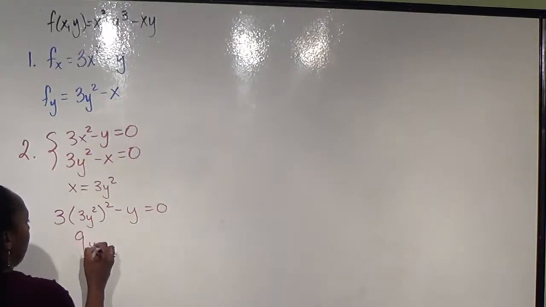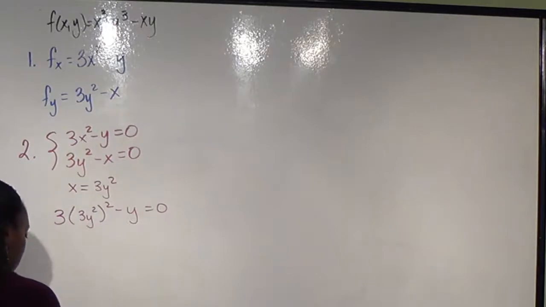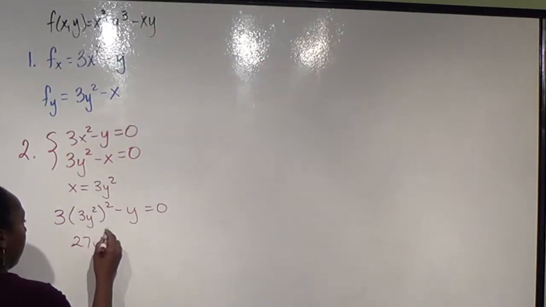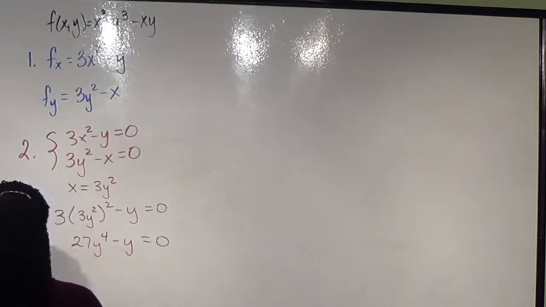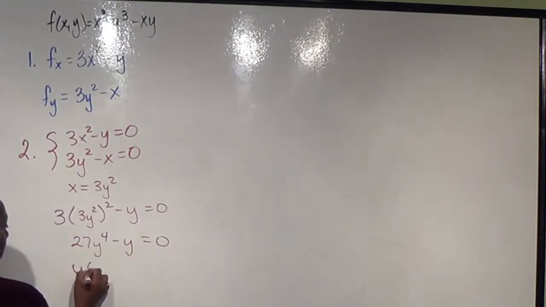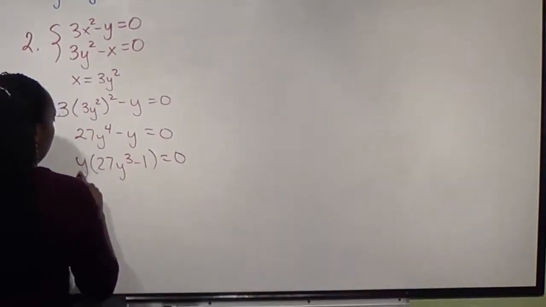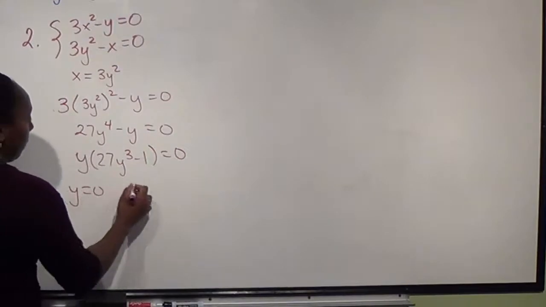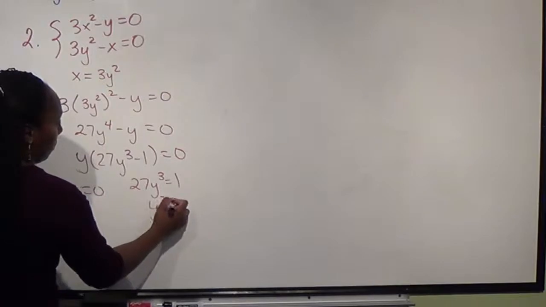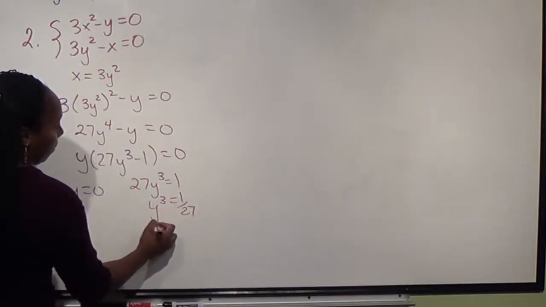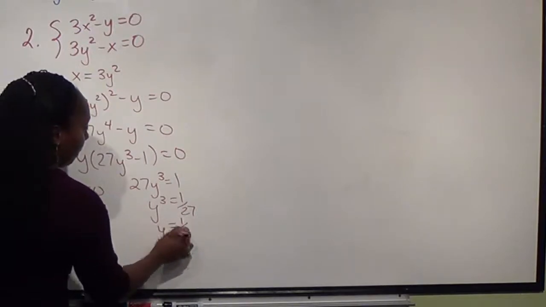So I can see 9y, that's wrong, 27y to the fourth minus y is equal to 0. I can factor out a y. So y will equal 0, or 27y cubed equals 1. So y cubed will equal 1/27th, so y will equal a third.